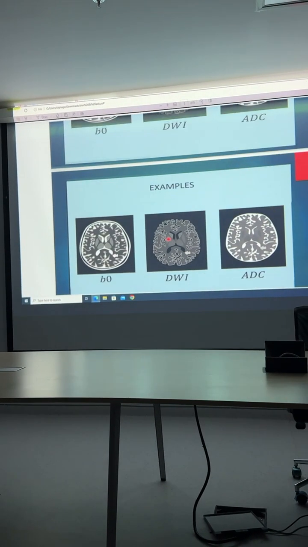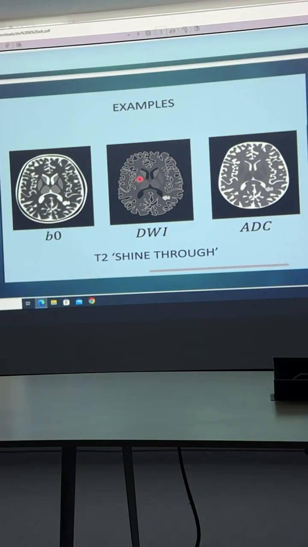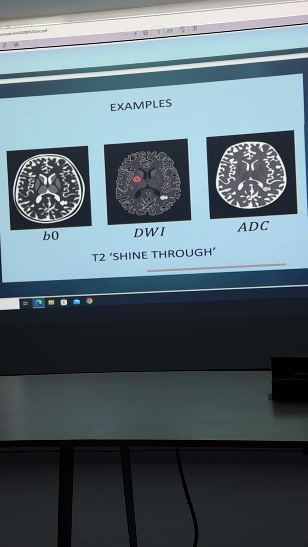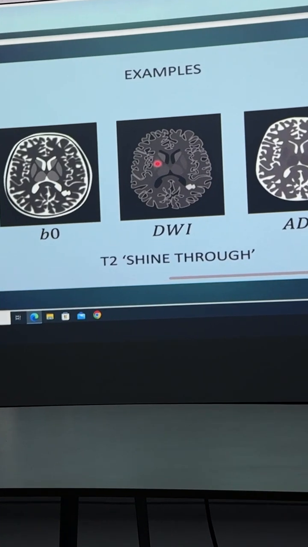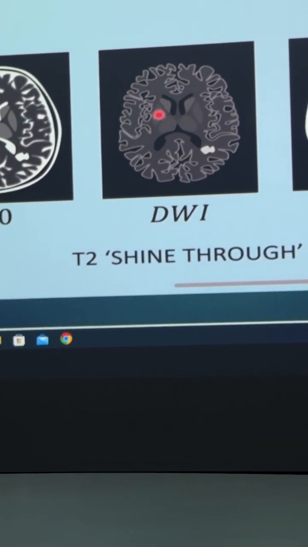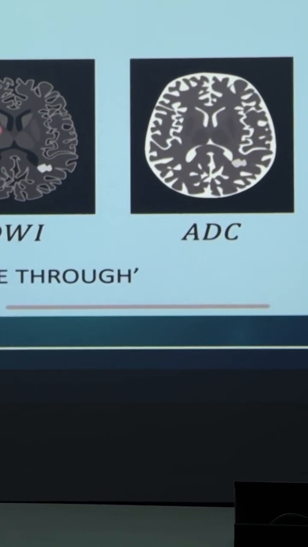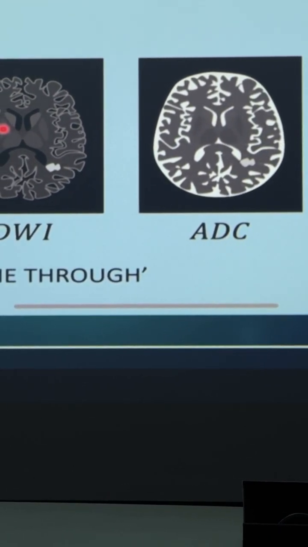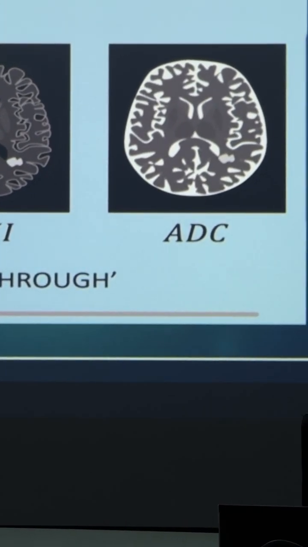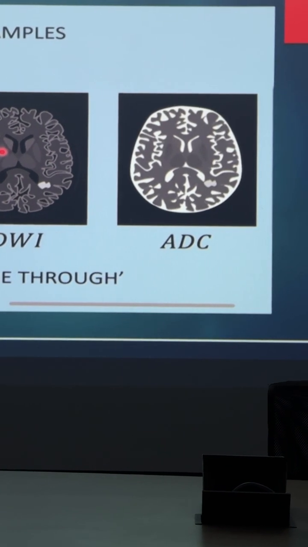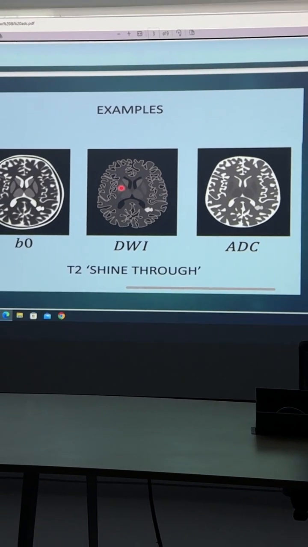The second common scenario that we might see in our real practice is this one. Similar to the previous one, we see B0 hyperintense signal, and on DWI we see hyperintense signal, which again could be restricted diffusion or T2 prolongation. But in this case, the ADC shows hyperintense signal rather than dark signal, which means there is no restricted diffusion.